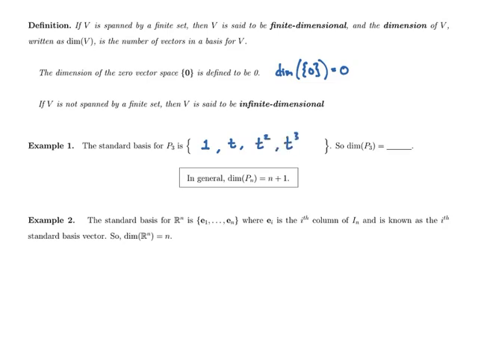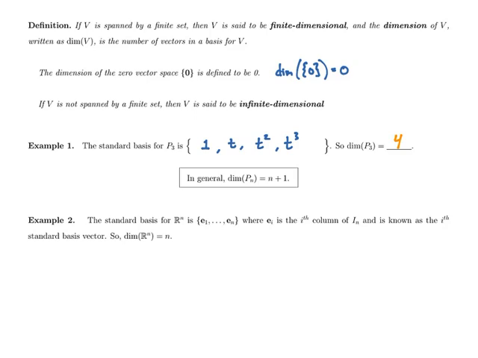Every polynomial we want can be written as a linear combination of those vectors, and that is a linearly independent set. And we showed that in the last section. So because this is a basis, we know that the dimension of P3 has to be 4, as 4 vectors make up the basis. And in general for Pn, which is the set of all polynomials of degree at most n, we have that the dimension of Pn is n plus 1.